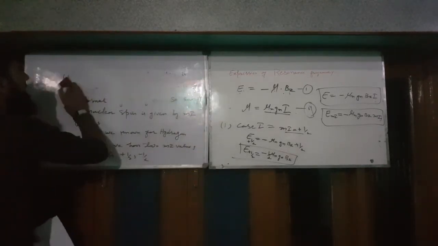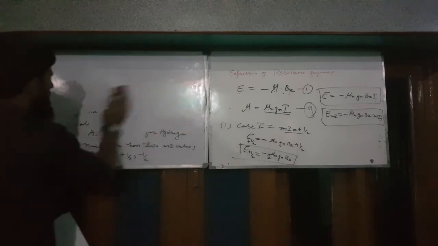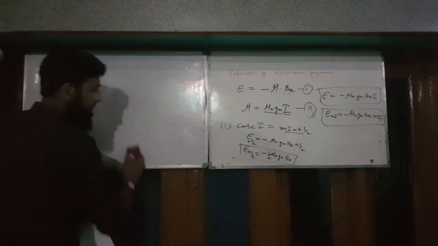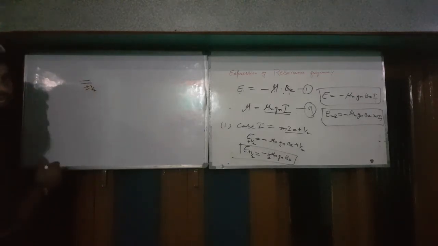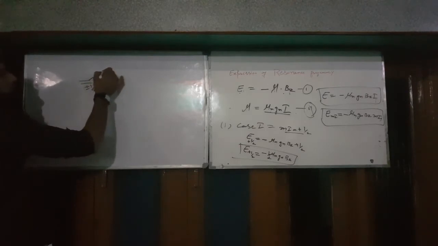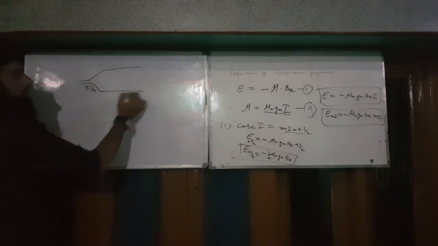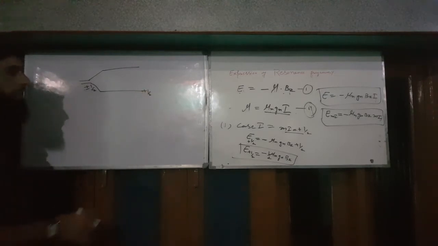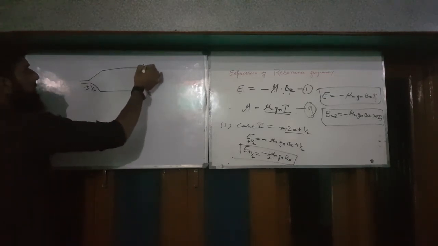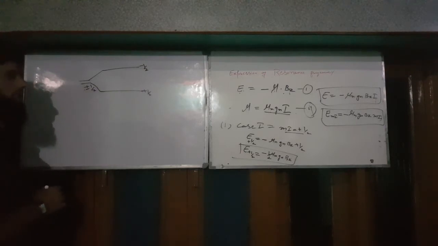As I have already told you, we have two spin states, first degenerate, and one spin state will interact and one spin state will repel. That is, the plus 1 by 2 state will interact with the external magnetic field and the minus 1 by 2 state will repel with the external magnetic field.